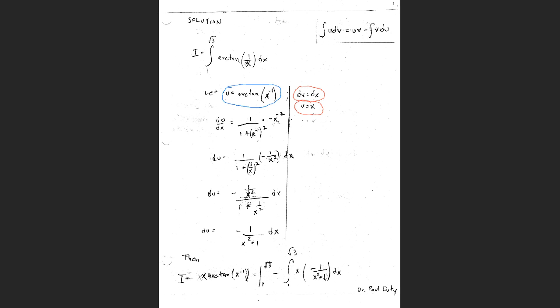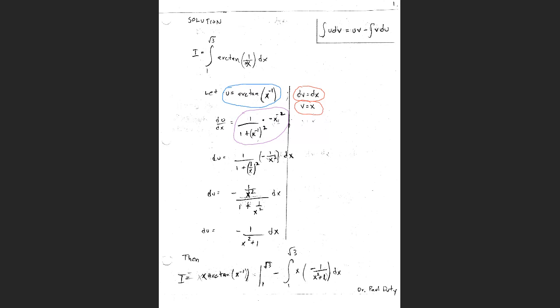On the left side, I have to get what du is. So I'm going to find the derivative of u with respect to x. And on the right-hand side, what property am I applying when I take the derivative?